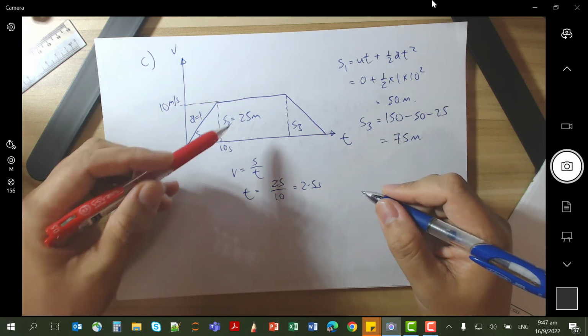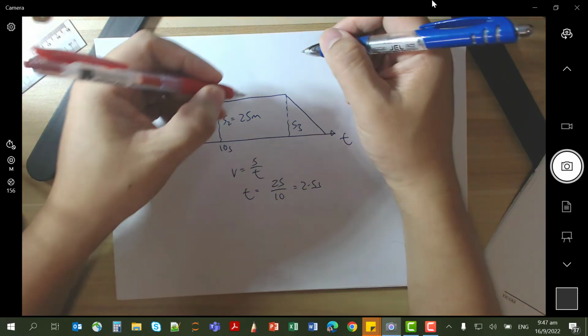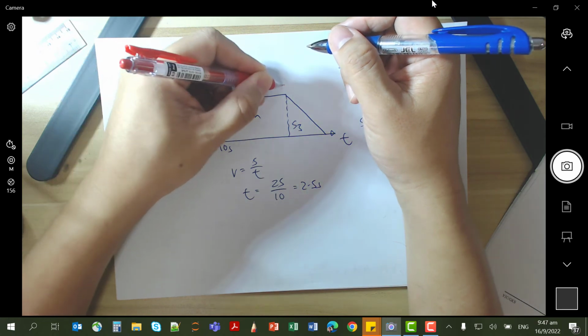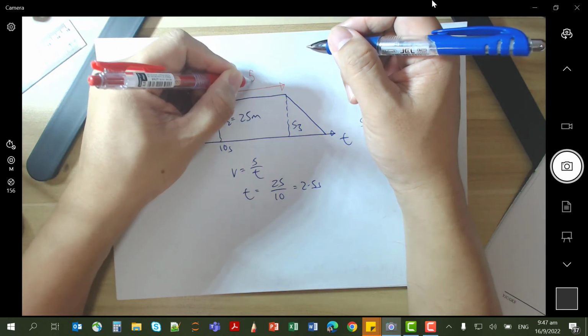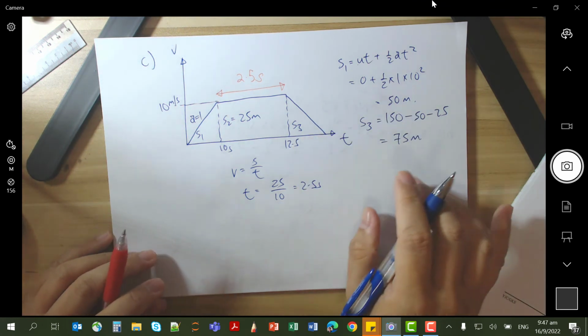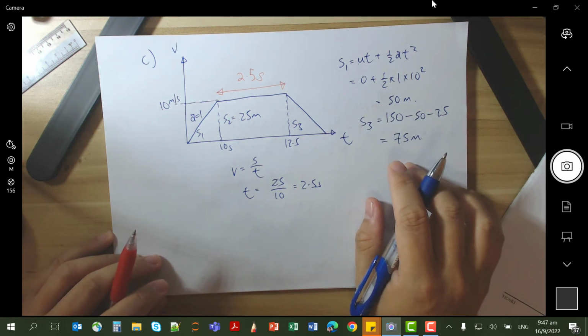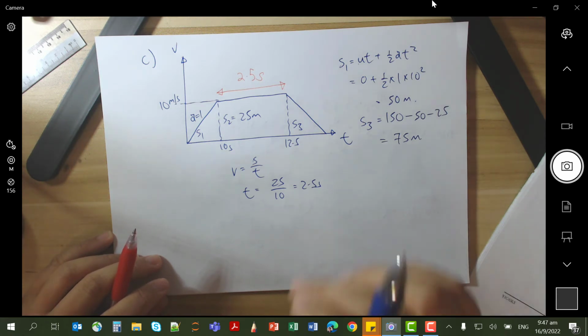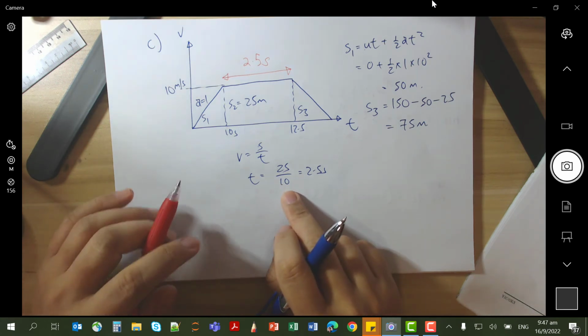So this length is 2.5 seconds. So here will be 12.5. So these are actually all the information that you can find.